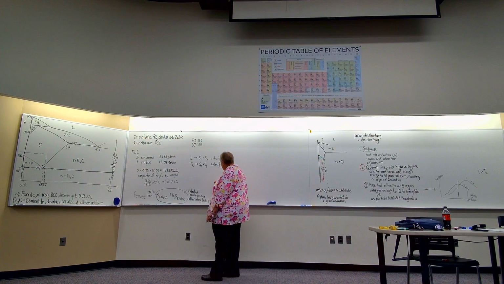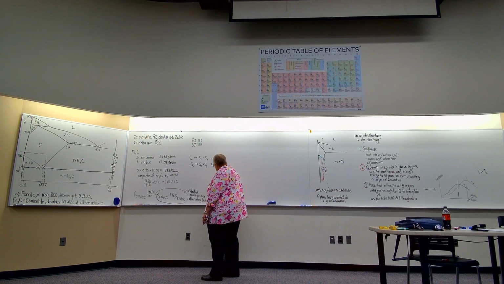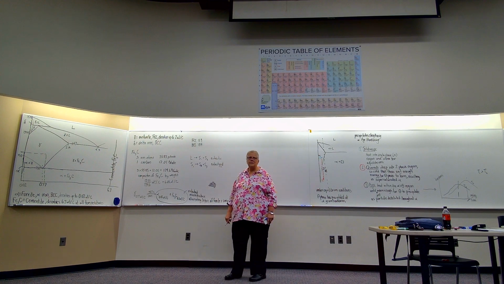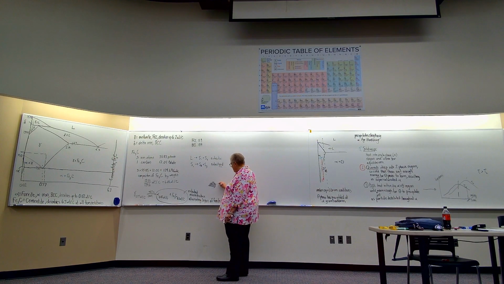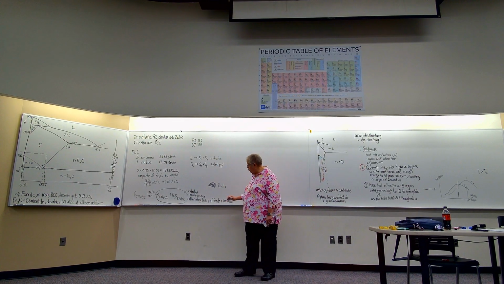Looks quite a lot like the eutectic microstructures, the one that we looked at. Alternating layers of this black and white, and that's black and white just because of how it takes the etchant. And it has a name, and that name is perlite. Eutectoid microstructure is called perlite.